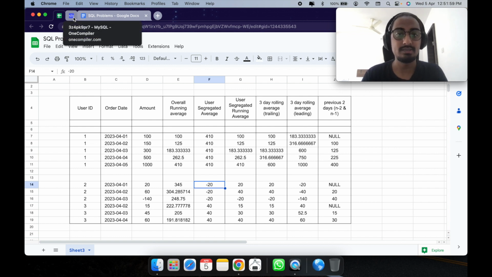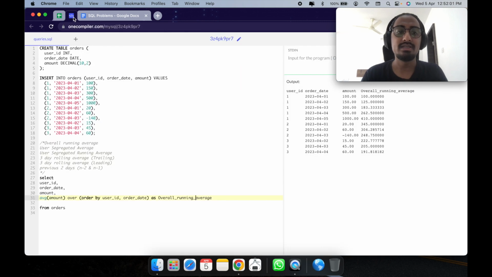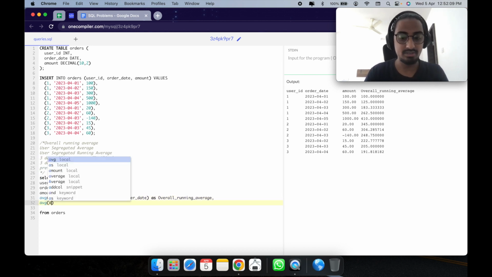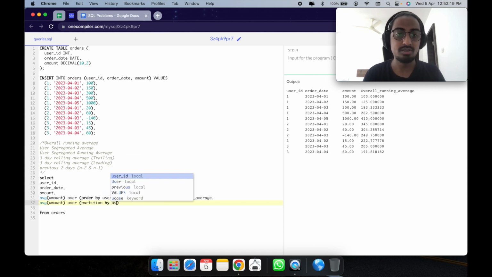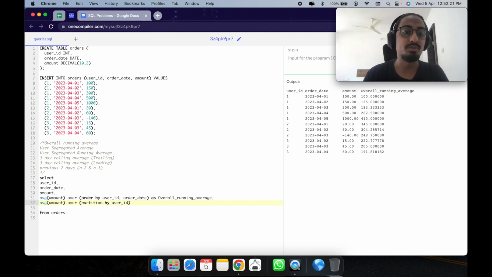So what's next? User segregated average. This is also a pretty simple one because it's just an average and a running average. So it's average amount over partition by user ID. So given it's overall average, you don't have to partition by anything else or order by anything else.